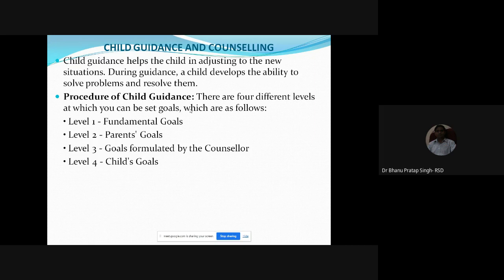the learner's, what are the child's needs. So as a counselor, as a teacher, we should be able to guide the child in their learning issues or even their personal issues. Sometimes parents decide some goals. No, my son or my daughter should be a doctor. So the role of the counselor and guide becomes important.